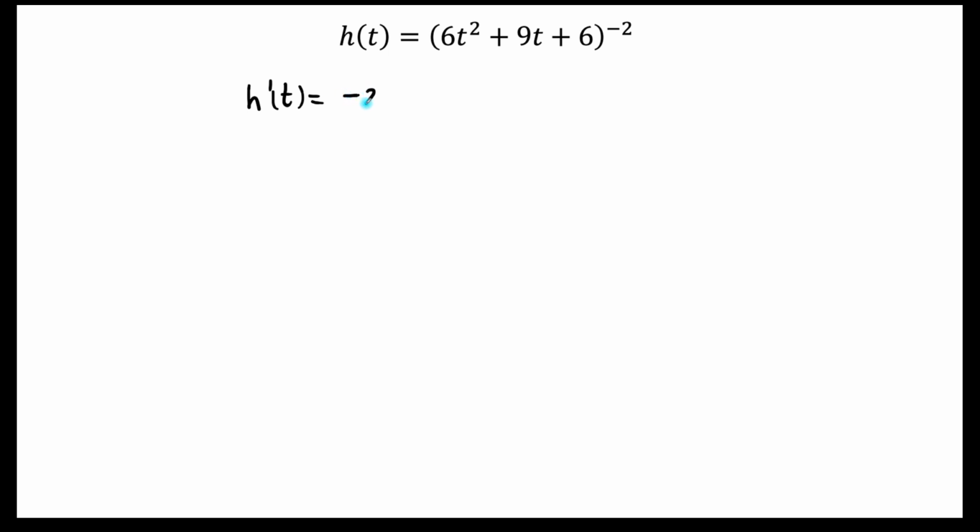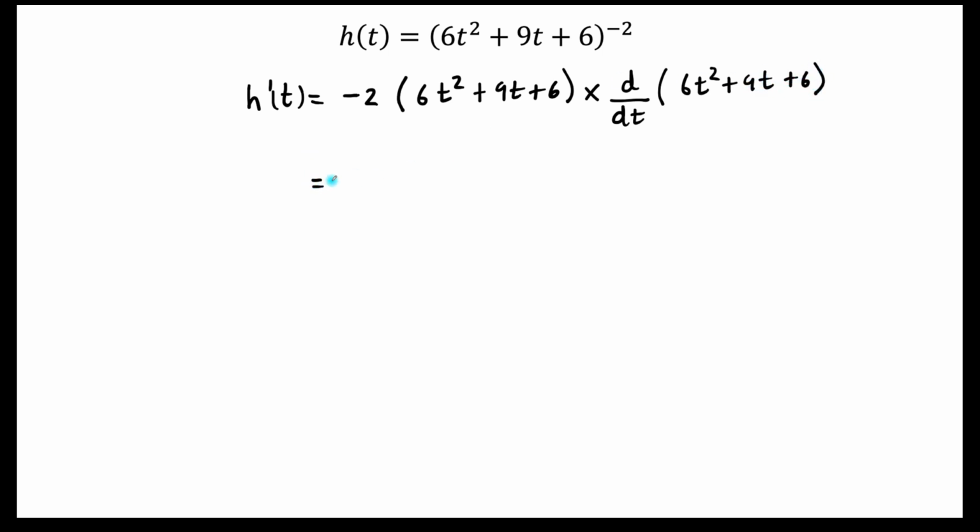So that would be minus 2, differentiating the outer part and keeping the inner part as it is, (6t squared plus 9t plus 6), times the derivative of the inner part. Once we've differentiated that, of course, this power reduces to minus 3, and that would give me minus 2 (6t squared plus 9t plus 6) to the power of minus 3.